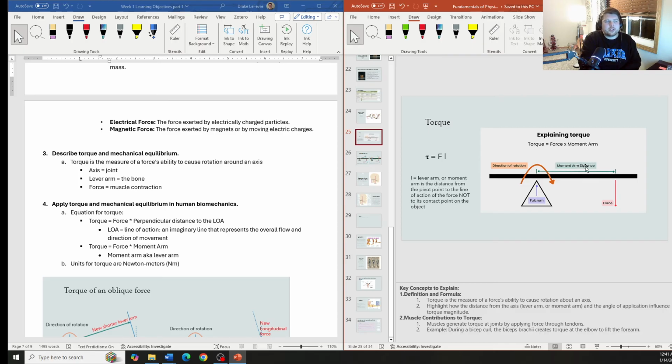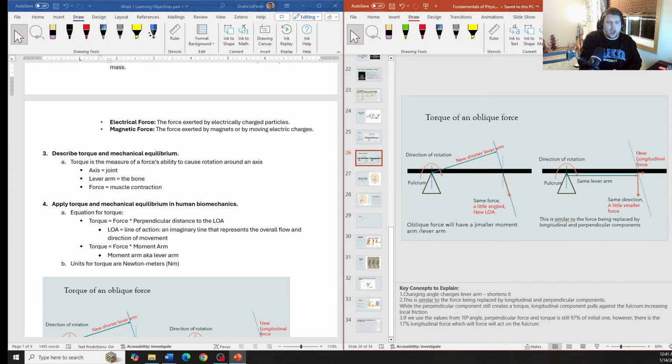They can call it moment arm, they can call it lever arm. That's our bone. And then the force that gets generated is from our muscle. So the muscle is going to generate a force, which causes a rotation around the fulcrum. And that's how we are going to get movement.